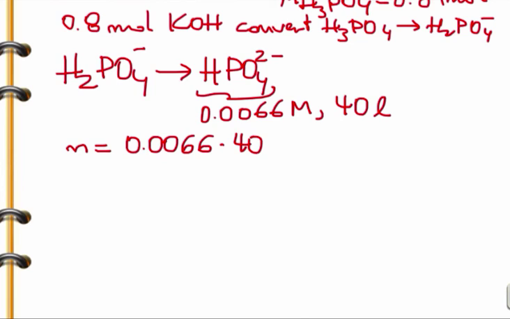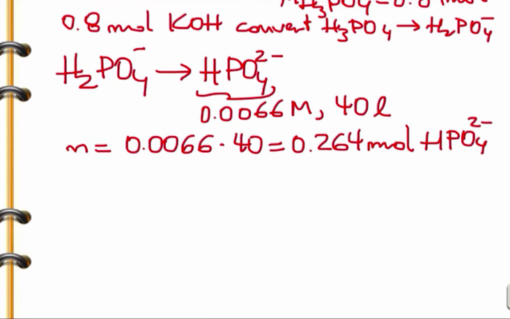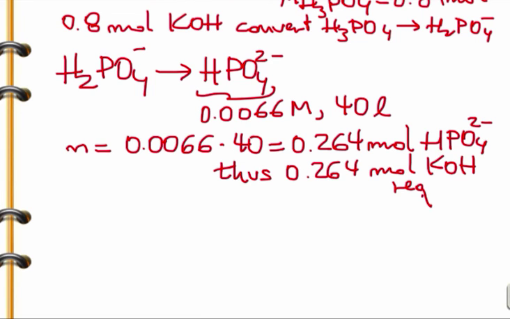Therefore, 0.0066 times 40 is going to give us the number of moles that we need. And that number of moles is 0.264 moles. It's actually HPO4 2 minus, but also the number of moles of the KOH that we need. That's 0.264 mole of KOH.